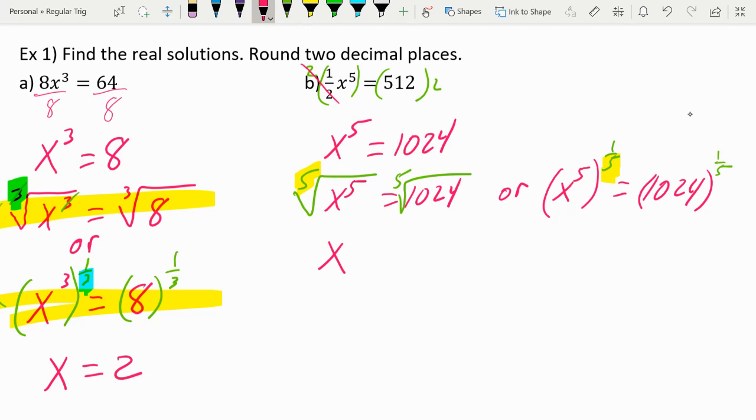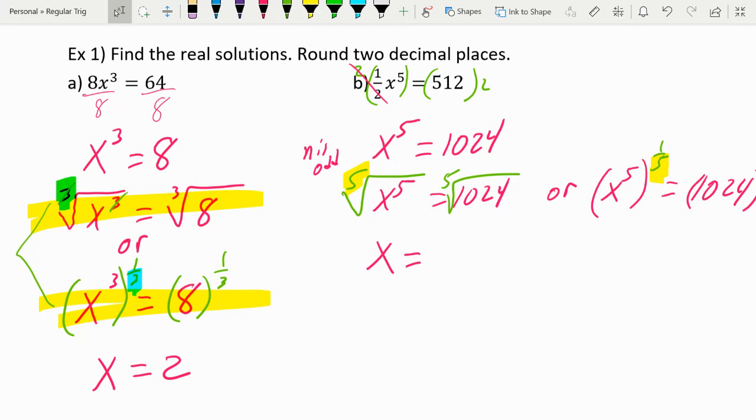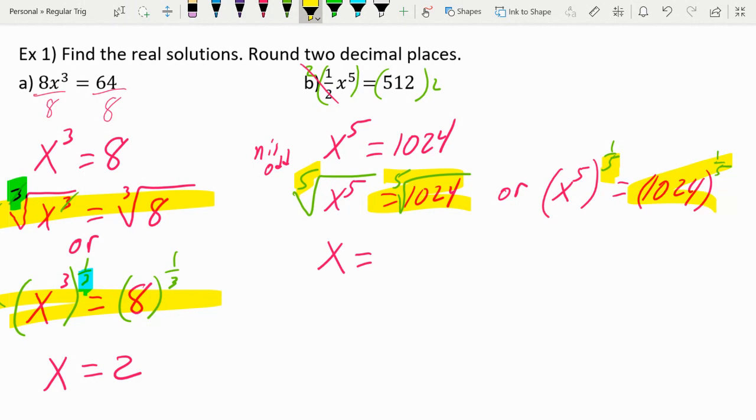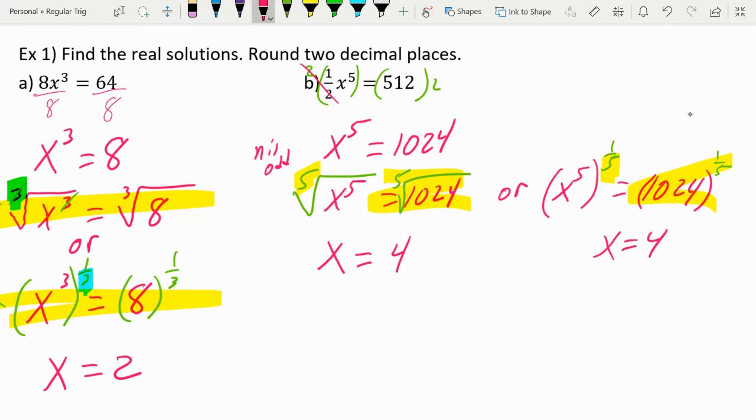I end up with x is equal to, since n is odd again, just like this problem over here, I know I'm just going to have one answer. So grab your calculator, plug in this problem or that one, whichever way you're comfortable. You're going to get x is equal to 4 for both of those. X equals 4 for both.